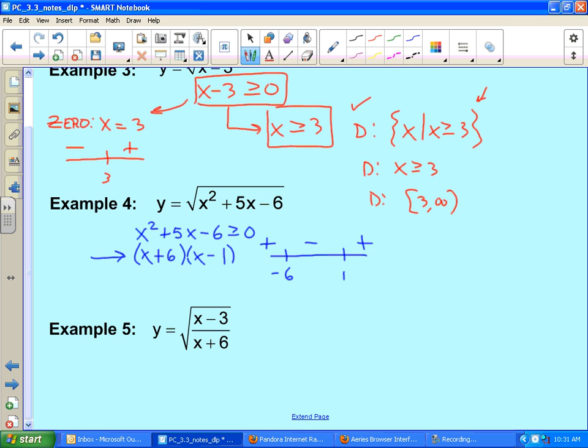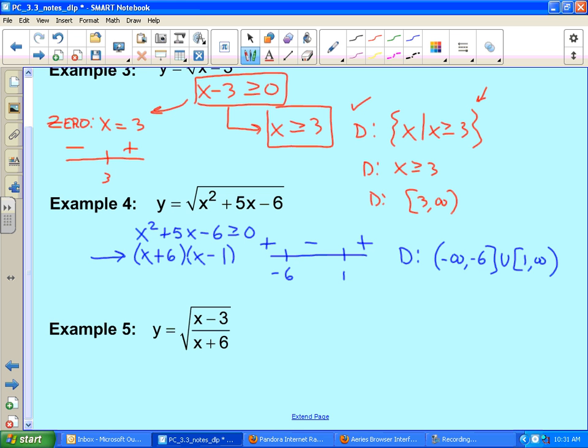So that means in my sign chart, I'm looking for everything less than or equal to negative 6 and greater than or equal to 1. So my sign chart tells me that my domain has to be this, if I'm going to use interval notation.